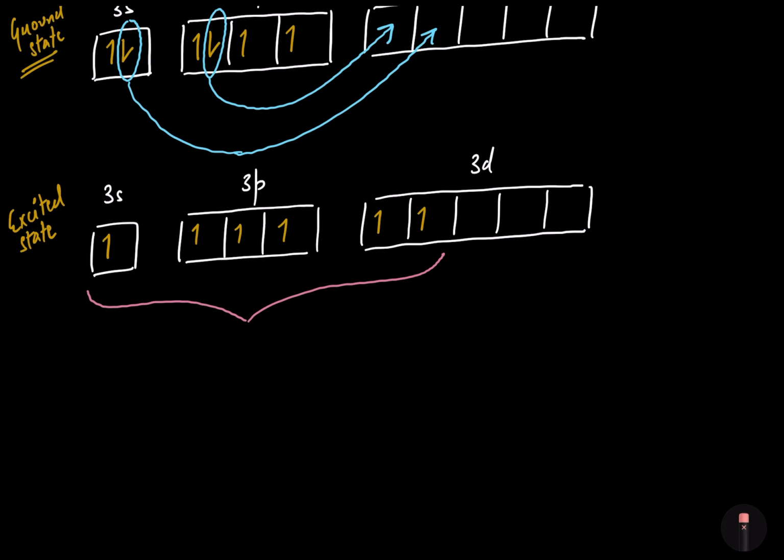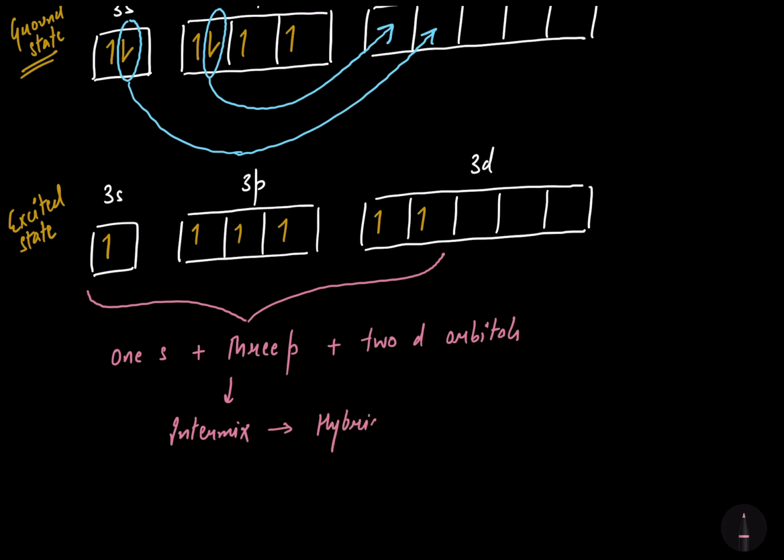So 1 s orbital, 3 p orbitals, and 2 d orbitals will intermix. The intermixing of atomic orbitals is called hybridization.